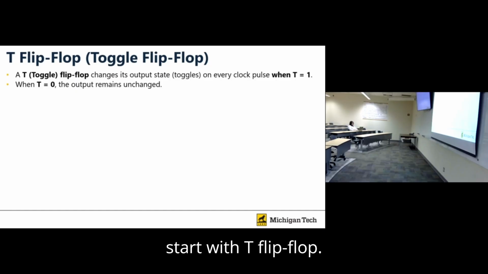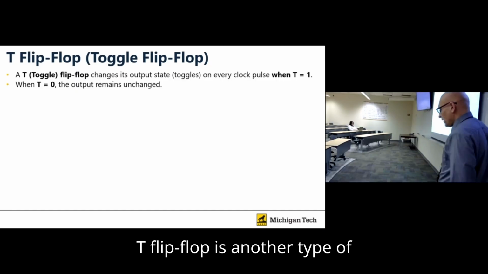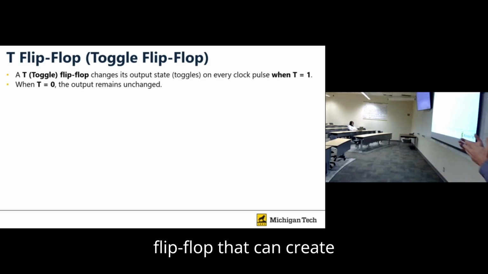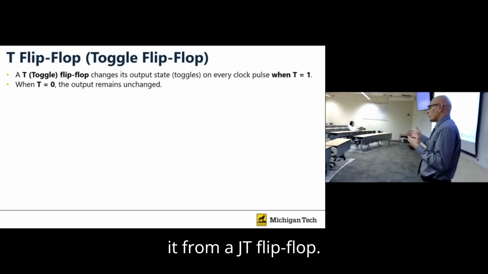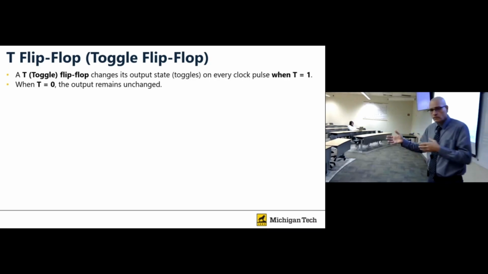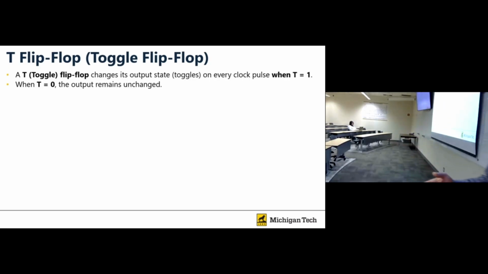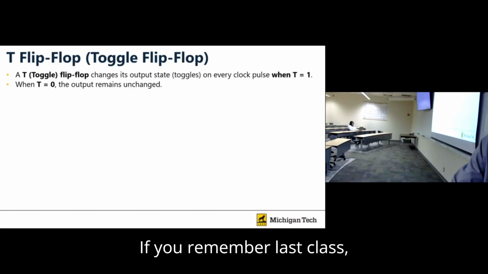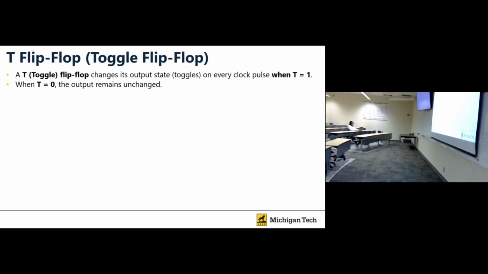Okay, let's start with the T flip-flop. The T flip-flop is another type of flip-flop that can be created from a JK flip-flop. If you remember last class, we had a flip-flop called JK.